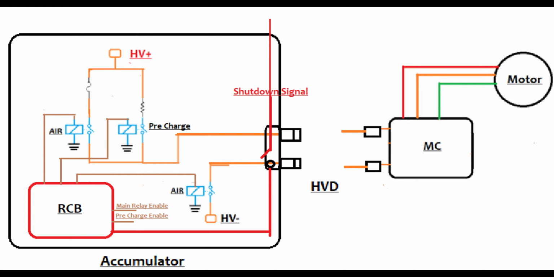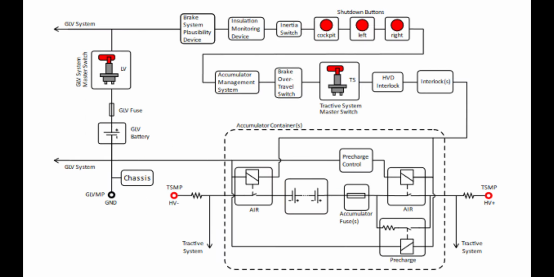But now the question is, what exactly is a shutdown circuit? The main purpose of the shutdown circuit is giving us the ability to shut down the car at several points along the physical layout of the car. If we look here, starting from the BSPD, or the brake plausibility device, and going down the line, we can see that there are several e-stops, such as a cockpit e-stop left and right.